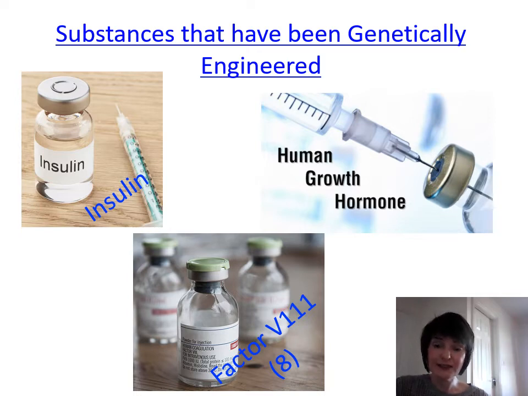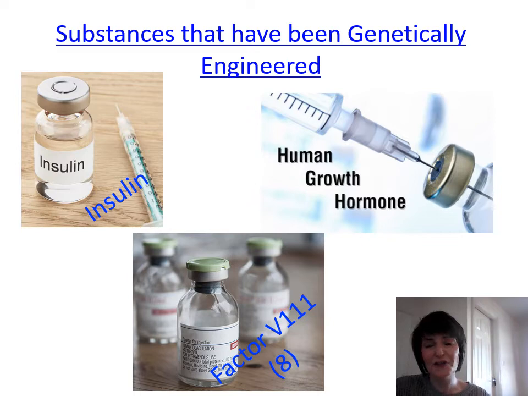Insulin has been genetically engineered, as has growth hormone and something called factor VIII. Being able to identify at least one substance that has been genetically engineered, we'd be happy with that. So just pick one and remember it.